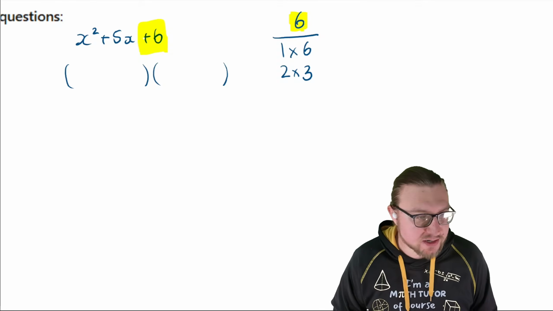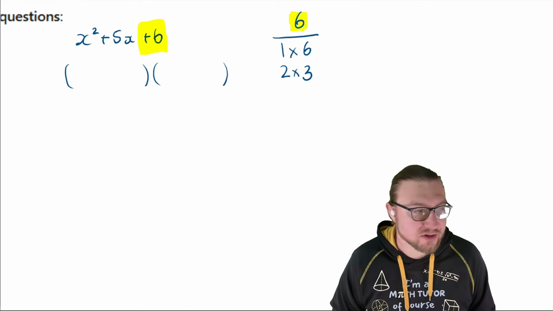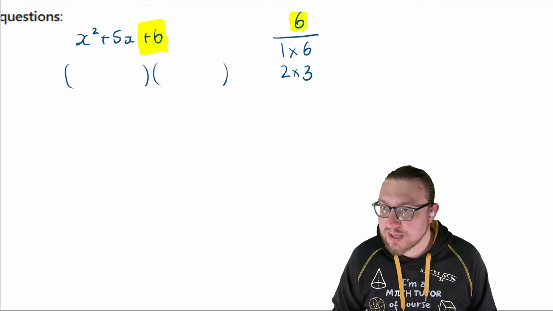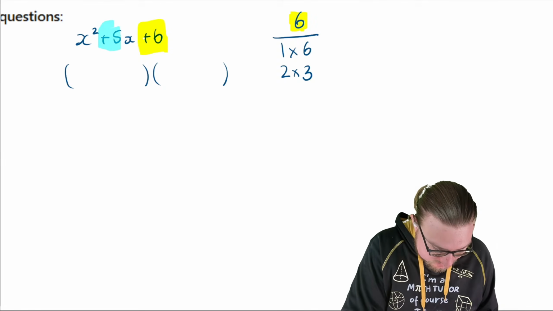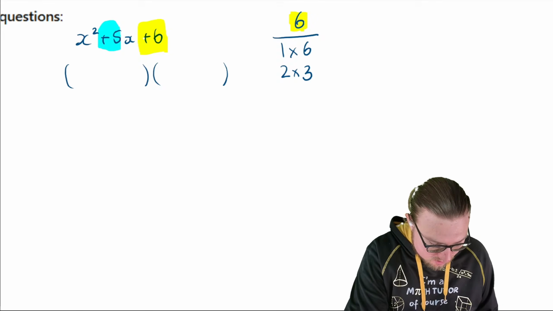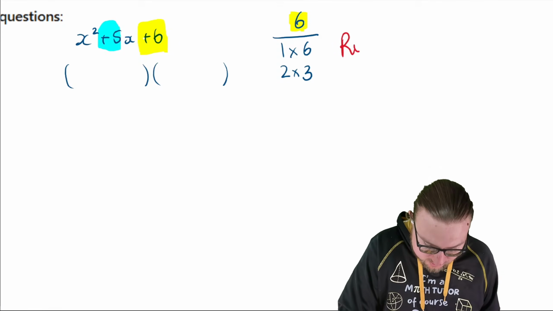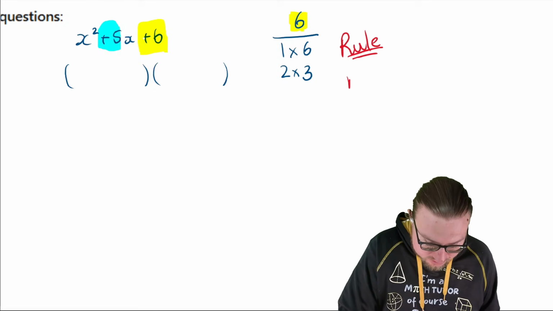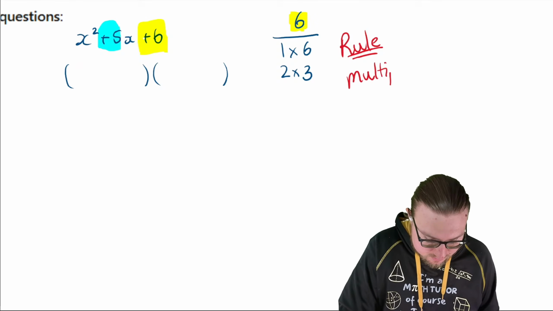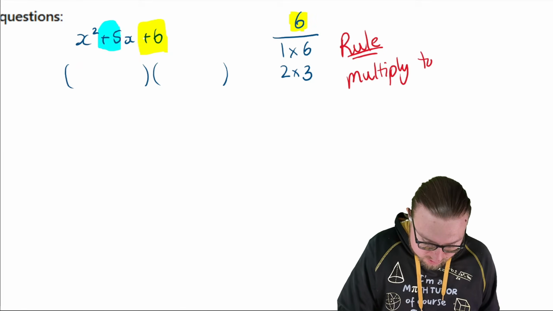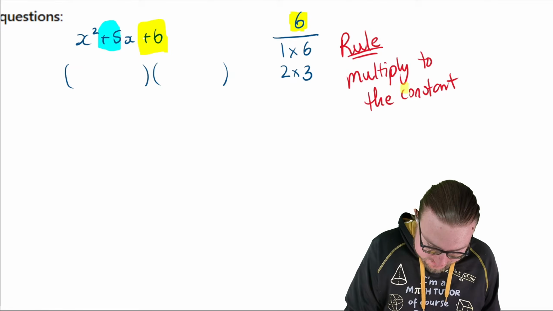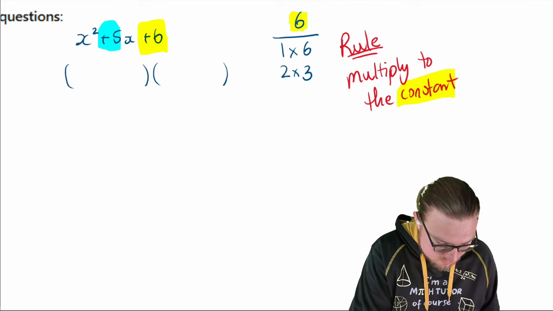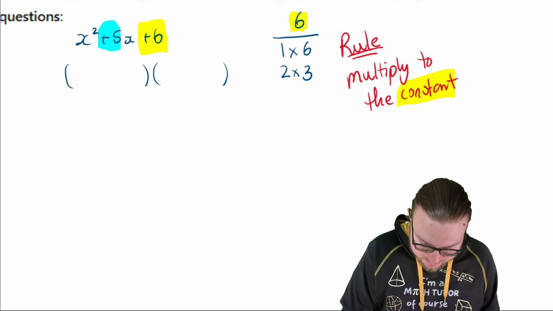I always write them down, so it's very easy for me to have a look which ones we need. And then we check the second part here, which is a positive 5 in the front. So here the rule is always that we want to multiply to the constant, which in this case here is the yellow, and we want to add to the number in the middle.